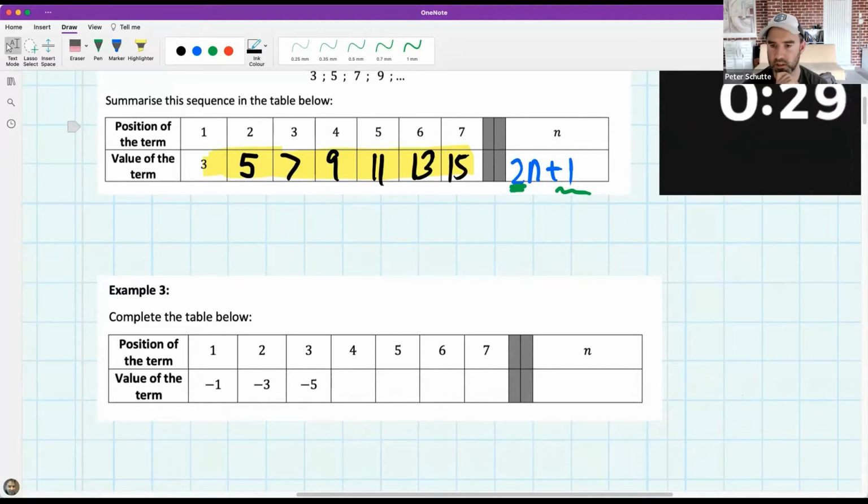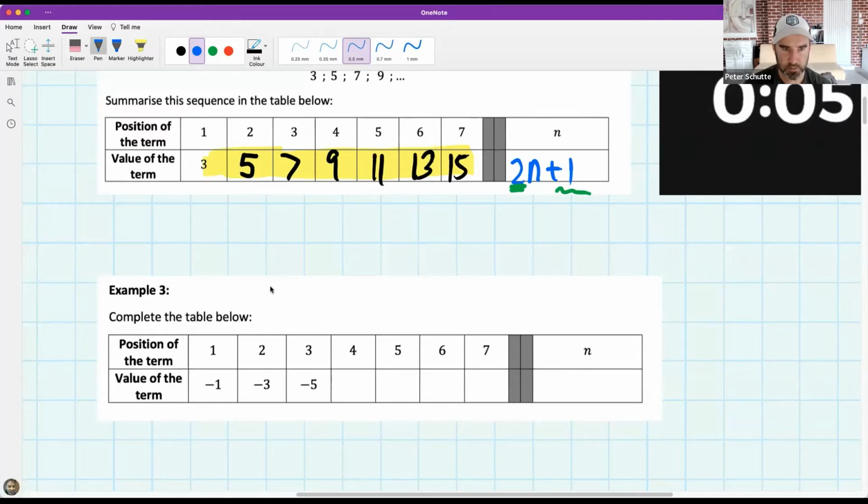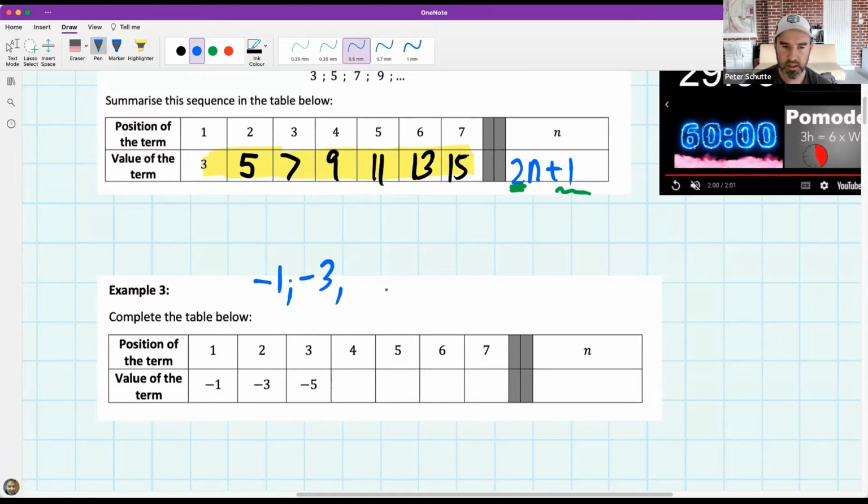It's a little bit trickier, example 3. So Kaketso, if you look at example 3, one of the things you have to think about is it is a little bit different above, but basically what it's saying is the first term is -1, the second term is -3, the next term is -5.